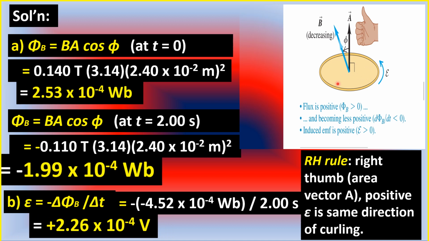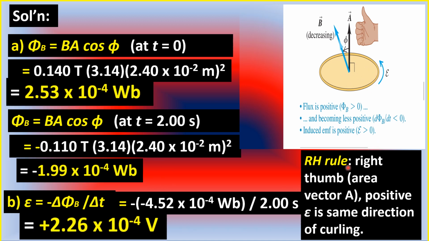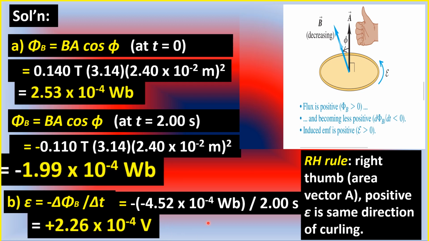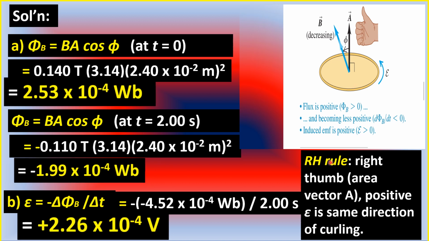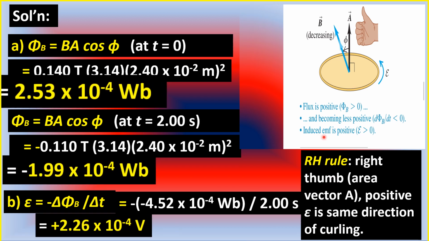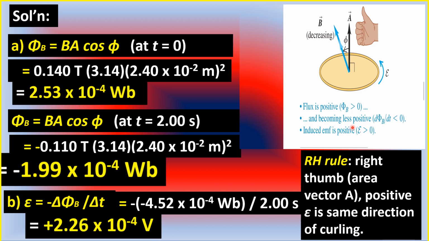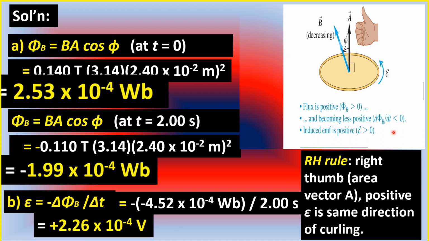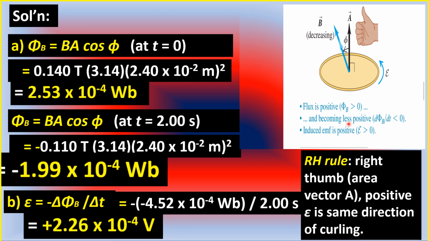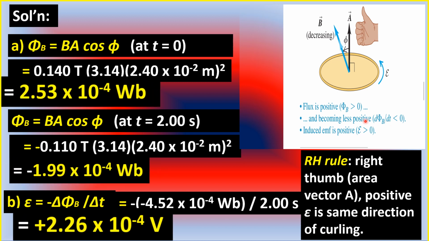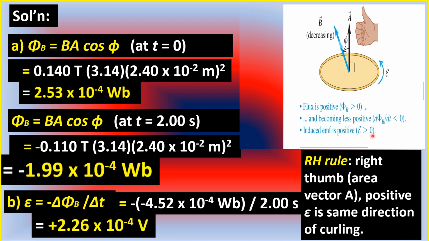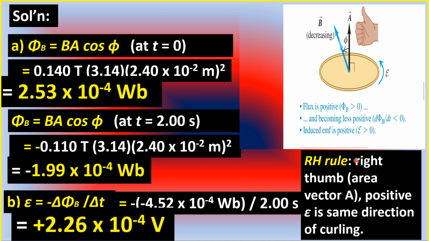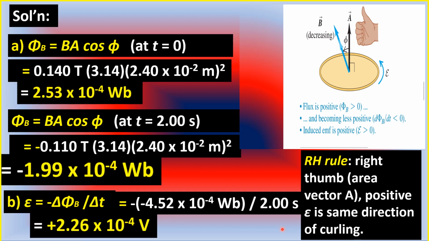So if here the direction of the curling is counterclockwise, such that we were able to conclude that the EMF is directed counterclockwise, the opposite holds in case the change in the delta phi is positive. A positive delta phi would suggest that the direction of the induced EMF is opposite to the curling of the four fingers. I hope that is clear.